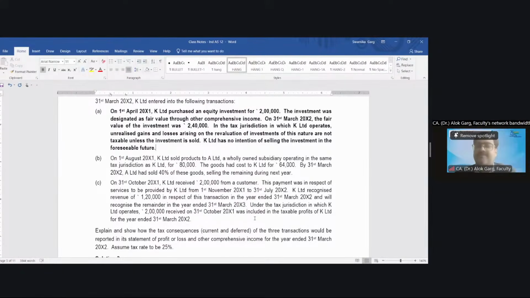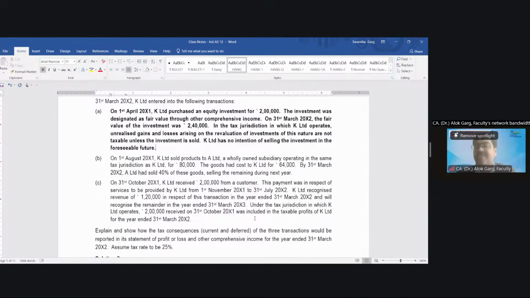So in OCI. Who says this? Which Ind AS says this? Ind AS 109 talks about the mark to market for investment designated FVOCI going to OCI.